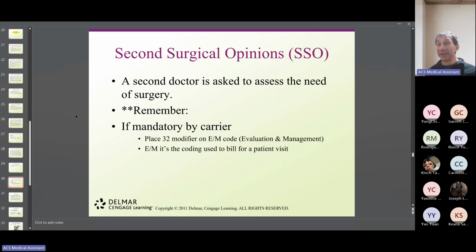But if I'm going to be paid extra, then we have to use these modifiers. These modifiers represent whatever extra we went beyond what was needed, what was standard for the procedure of this patient.